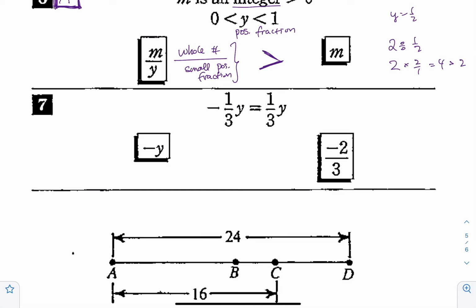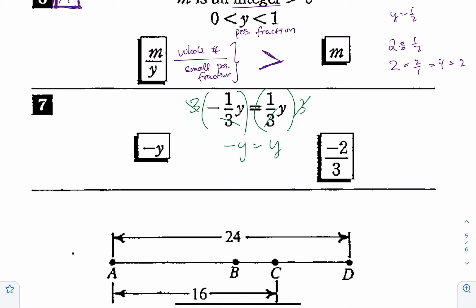Next, for number 7, negative 1/3 y is equal to 1/3 y. And you want to compare negative y to negative 2/3. So here, notice that when you have 1/3 y is equal to negative 1/3 y, if you multiply both sides by 3, you get that negative y is equal to y.